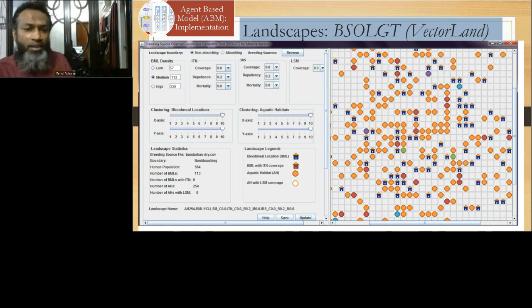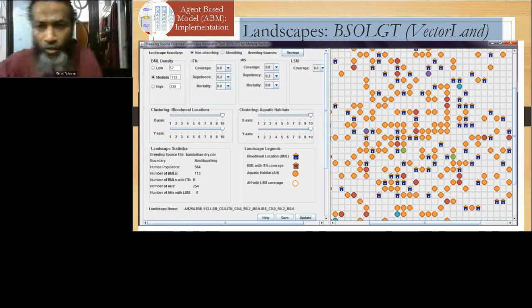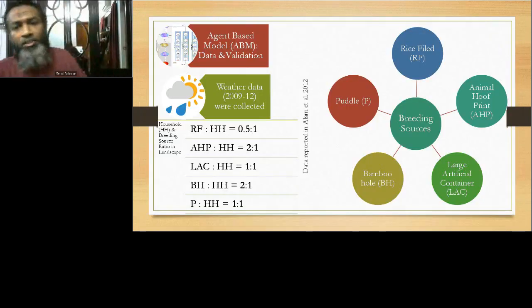And to create the landscape, we had to use some information from the literature. Again, this literature was from different sources, and we identified 5 different breeding sources from the literature. Also, we identified the ratio between the human households and these breeding sources. So based on this ratio and this information about the breeding sources, we created the landscape.